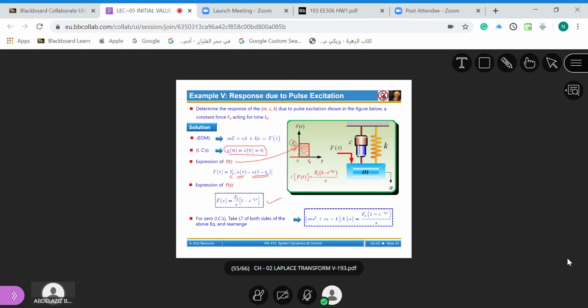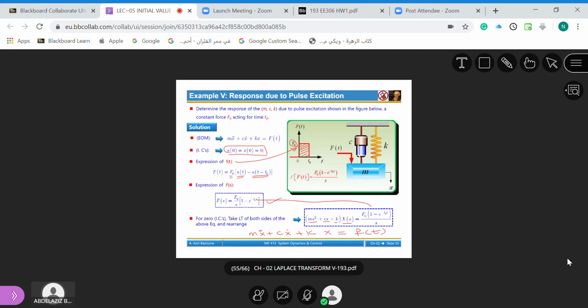Now, if we take the Laplace transform of both sides, we get (m s squared plus c s plus k) times X of s is equal to f0 times (1 minus exponential minus t0 s) over s, which is the right-hand side here. The differential equation, Shabab, was like this: m x double dash plus c x dash plus k x is equal to f of t.